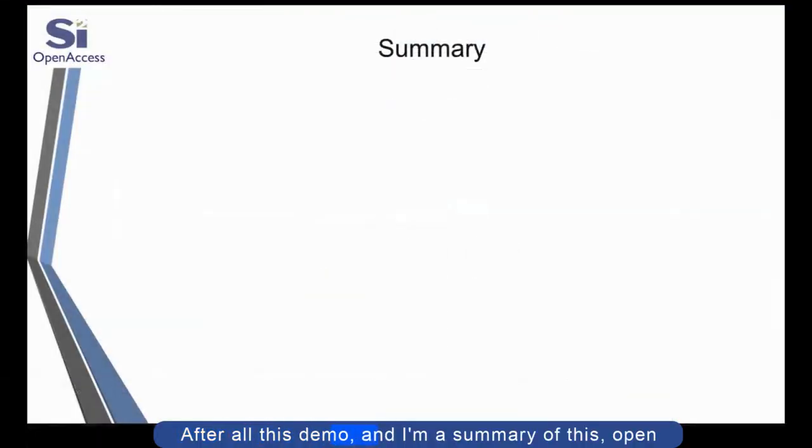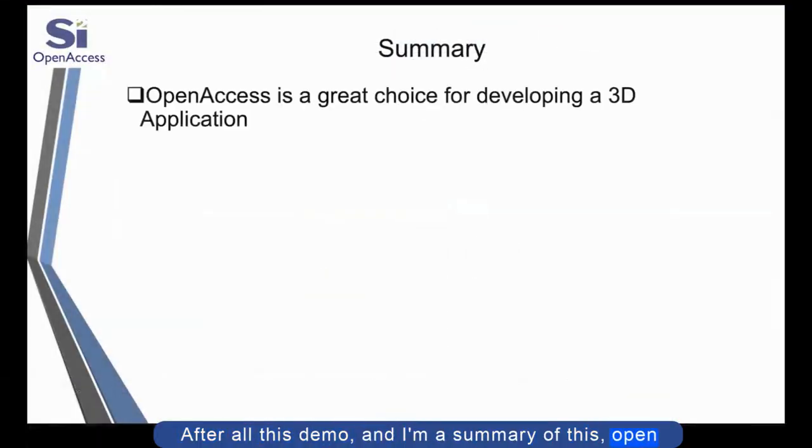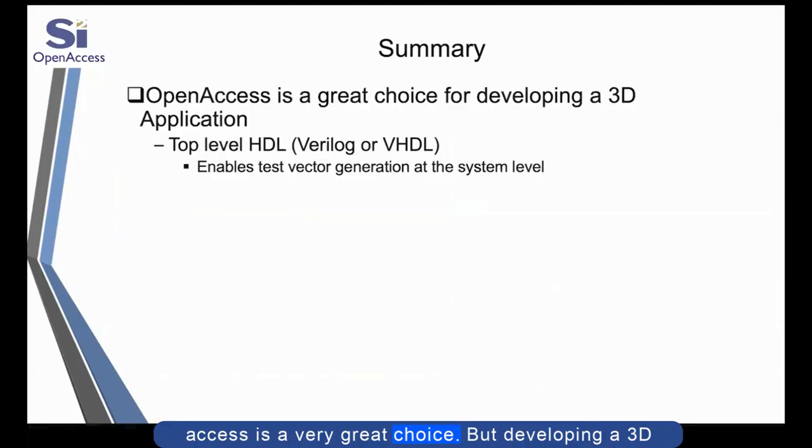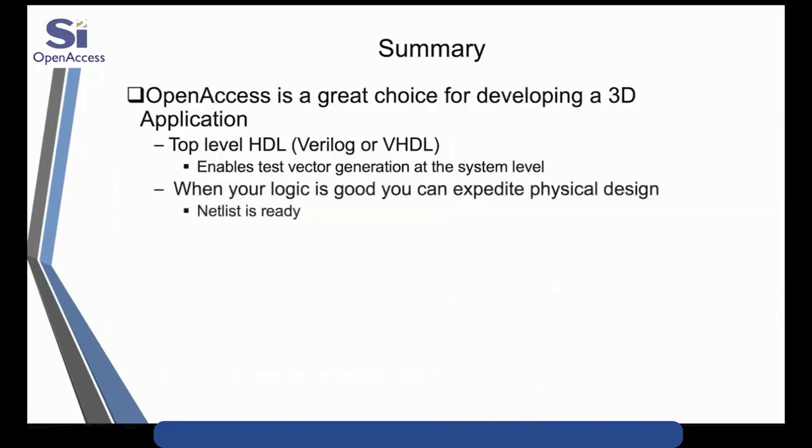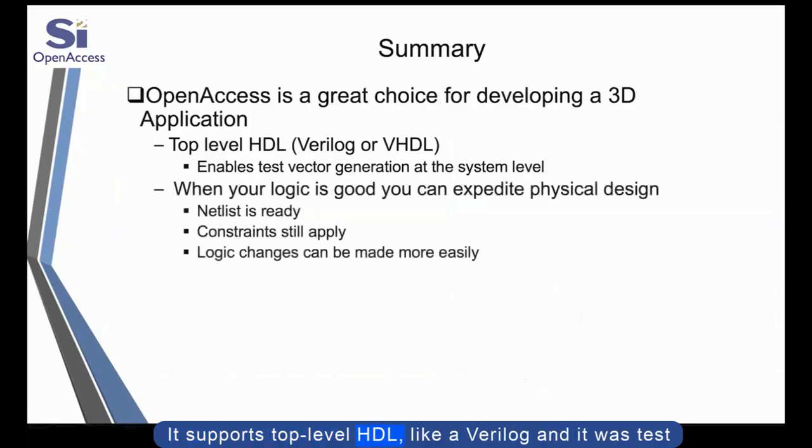After all this demo, in summary, OpenAccess is a very good choice for developing a 3D application. It supports top-level HDL like Verilog. It enables test vector generation at the system level. When your logic is good, you can expedite physical design.